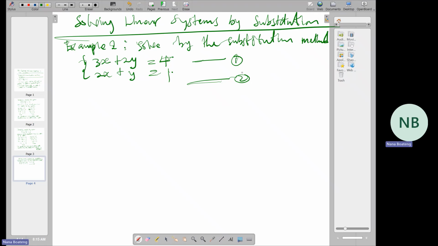Picking equation 2, 2x plus y is equal to 1. If we subtract 2x on both sides, then we have y is equal to 1 minus 2x. So now we want to substitute this y. We've written equation 2 in terms of y.